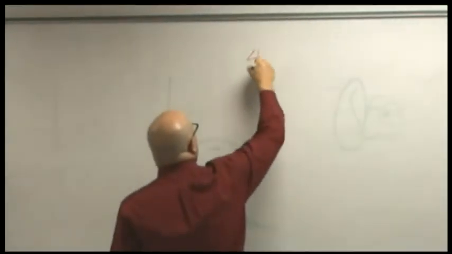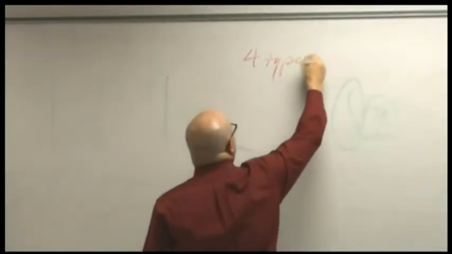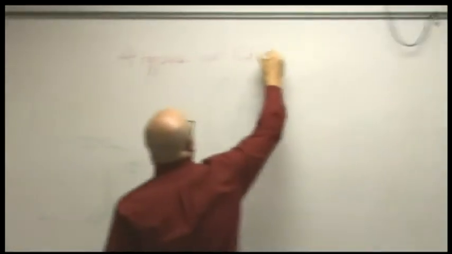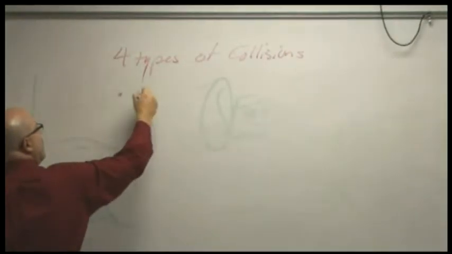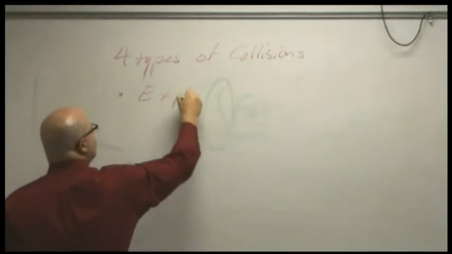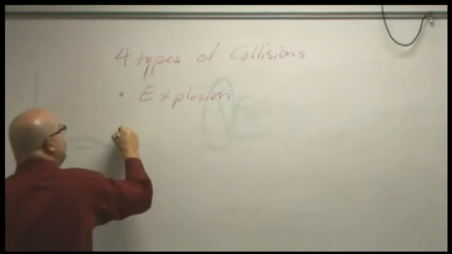So, collisions. There are 4 types of collisions, and they are, number 1, explosion. Number 2, elastic.